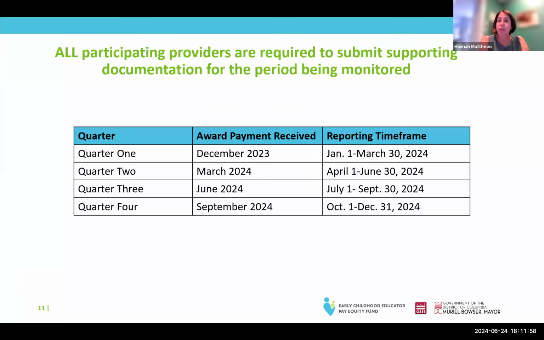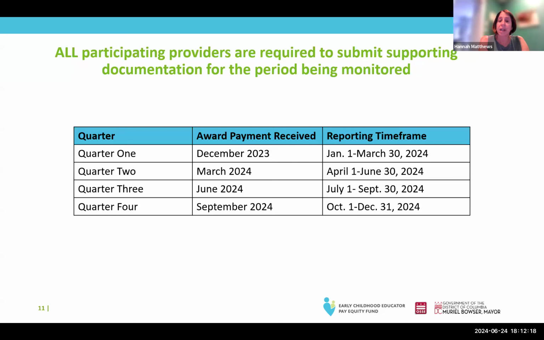On this slide, you can see a table that lays out the time frame for which documentation must be submitted for each quarter. I want to note here that quarter 1 of fiscal year 2024 was the period from October 1st through December 31st, 2023.